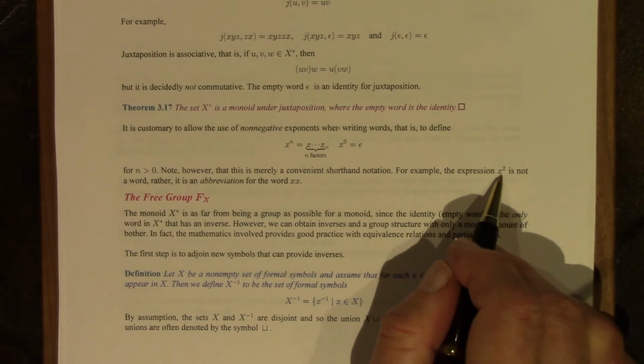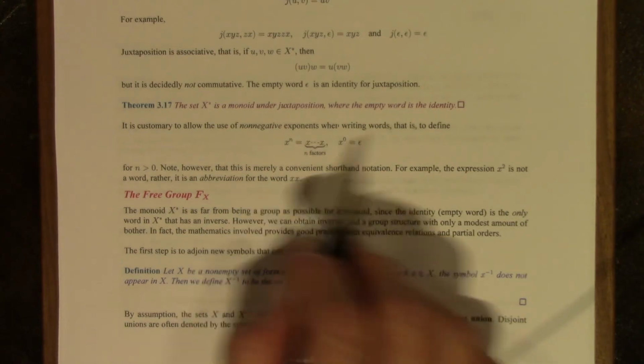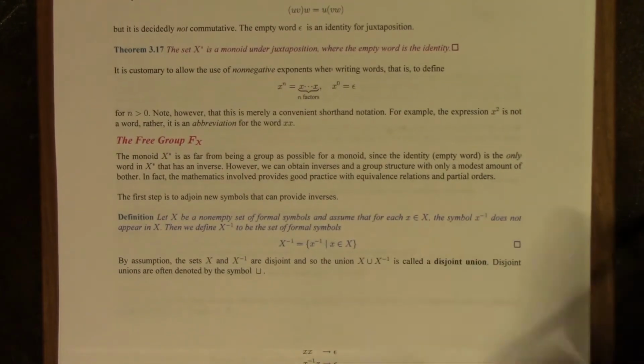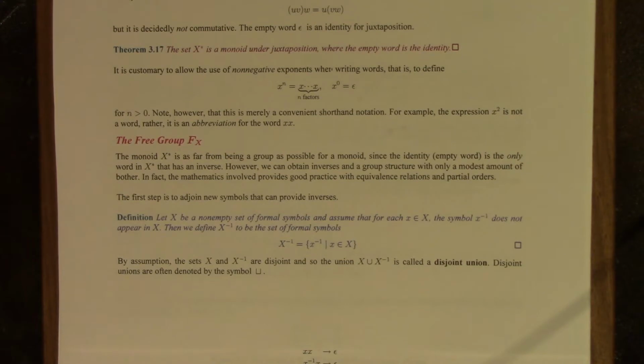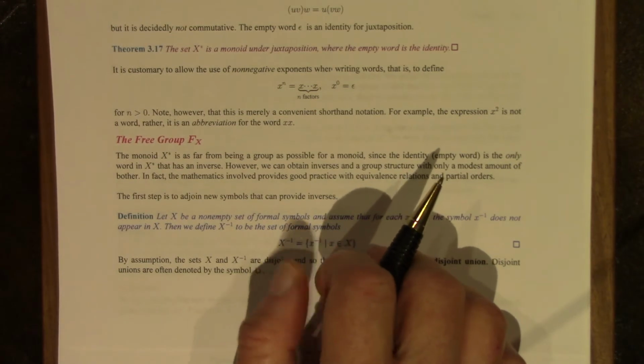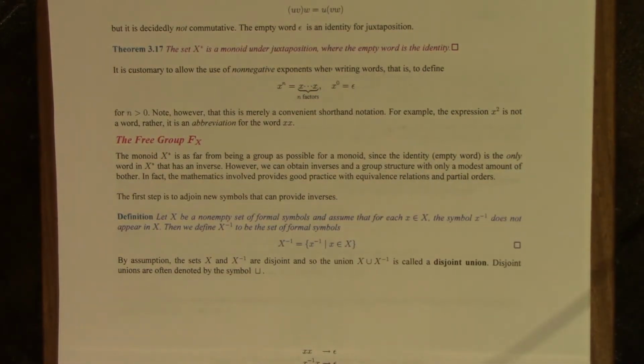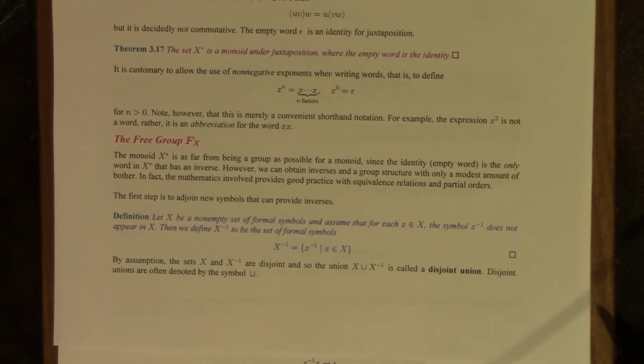Literally speaking, x squared is not a word. It's the abbreviation for the word xx. That may seem a little pedantic, but it's important to keep things as precise as possible here. We'll refer to something written with exponents as a word, but we keep in mind that there's an abbreviation going on there.